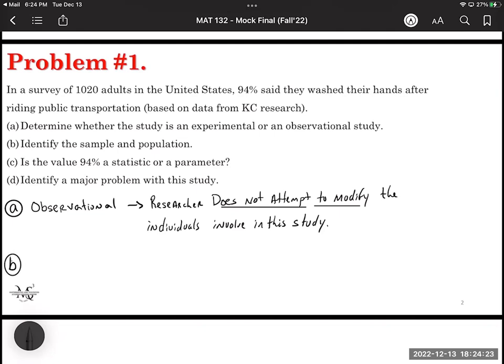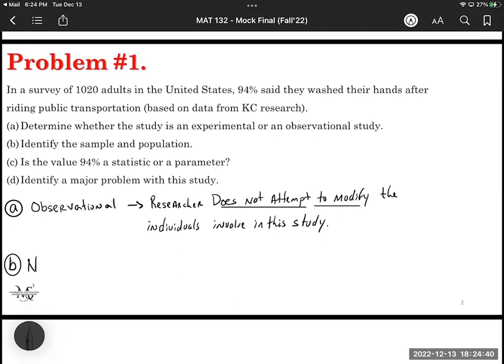So let me ask you this question. Which set will always be larger, your sample or your population? Population. That's right, the population is always larger than the sample.